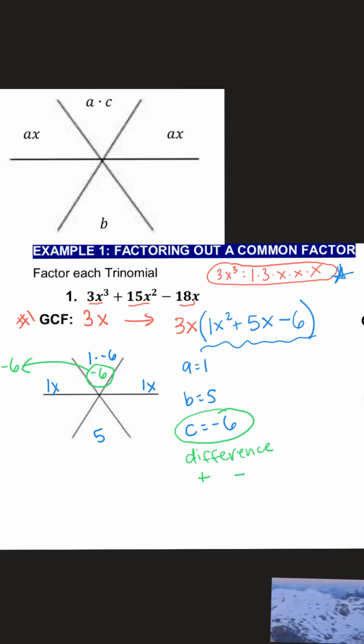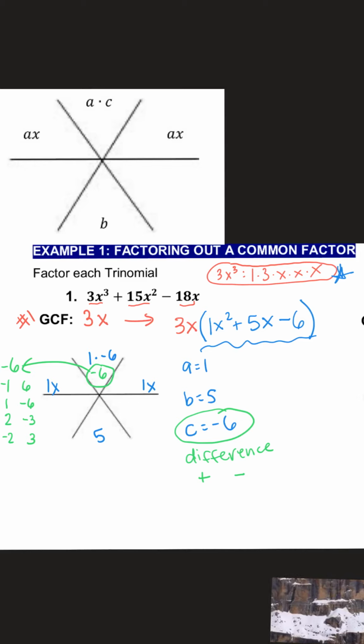So when I come over to this negative 6, I'm listing factors: negative 1 and positive 6, positive 1 and negative 6, and then 2 and negative 3, or negative 2 and positive 3. And those are all my factors of 6 with different signs.